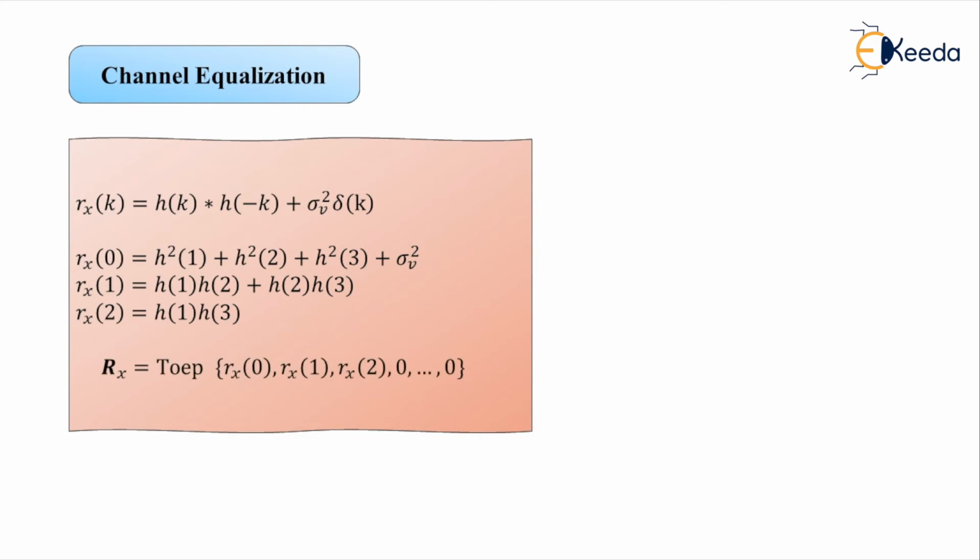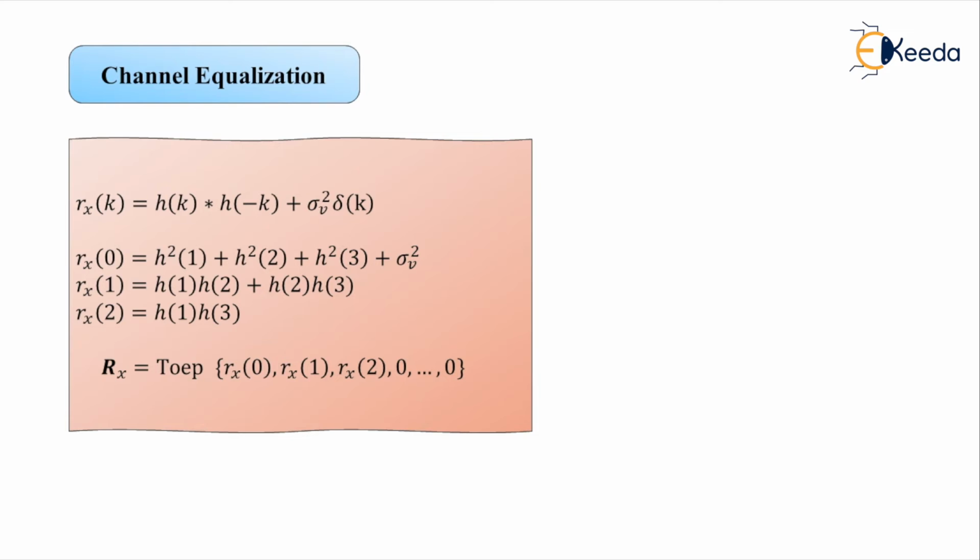So finally, the autocorrelation matrix of x of n will be a Toeplitz matrix of the form capital R suffix x is equal to Toeplitz of Rx of 0, Rx of 1, Rx of 2, and the rest of the elements are equal to 0. This is the quintdiagonal matrix, where the only non-zero elements are along the main diagonal and the two diagonals above and below the main diagonal.